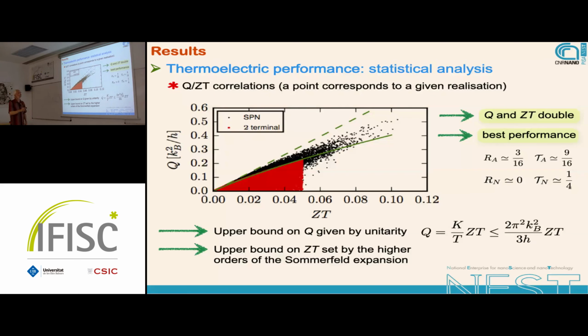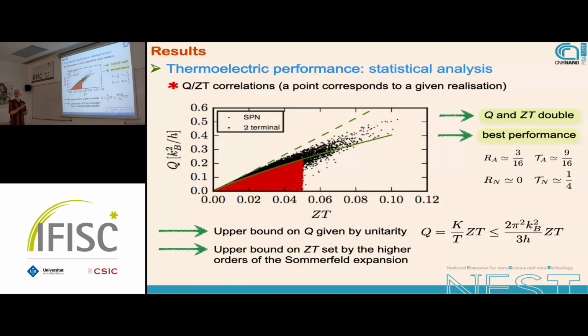From this statistical analysis, what you find is that for the two-terminal system, all the possible systems are contained in this kind of rectangle here. If you have these three terminals plus superconductor, you are in all this region here, which means that you can double the ZT and you can double the power output.